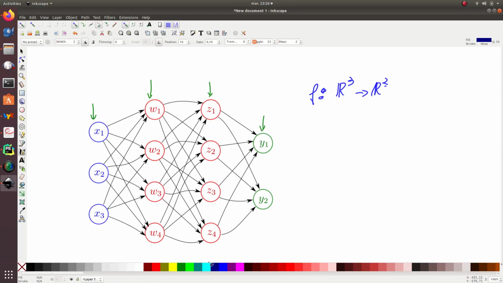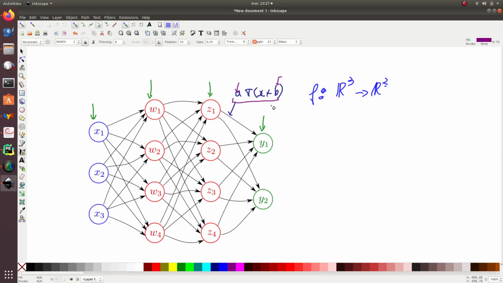Each arc corresponds to a ReLU function of the form A sigma of x plus b. B is what we call the bias, and here the scale function. Each arc corresponds, of course, to a different one.